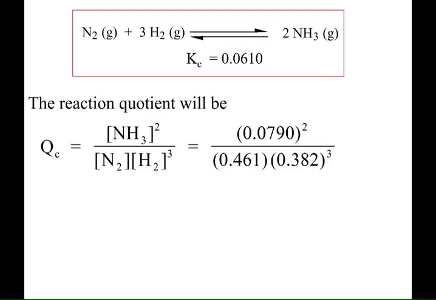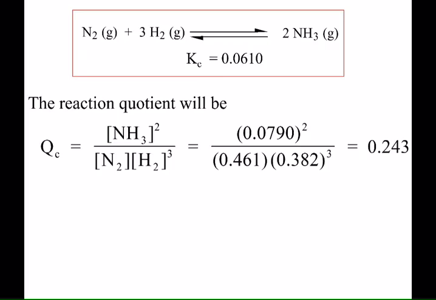So there are our new molar concentrations plugged into our Qc expression, which mirrors our Kc expression, but it's not at equilibrium. So it's 0.0790 squared divided by 0.461, and the denominator 0.382 cubed. We're going to compare this Qc with our Kc. To 3 sig figs, I get 0.243.